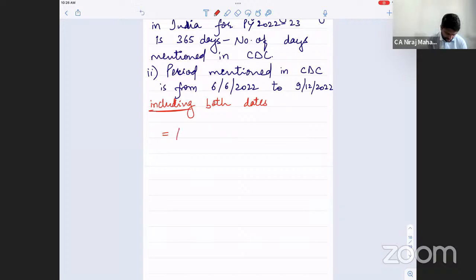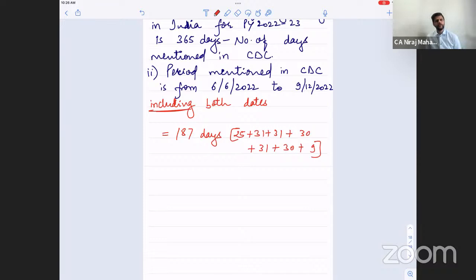Good, Tejal. June is not 25; if at all you want 6 June, then July 31, August 31, September 30, October 31, November 30, and the 9. Is it right? All okay? Something like that, 187 is coming. 187 days is there.